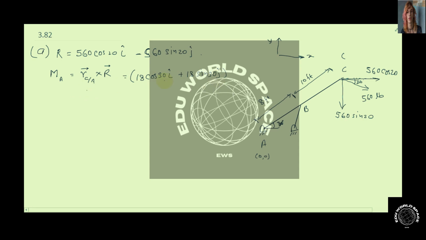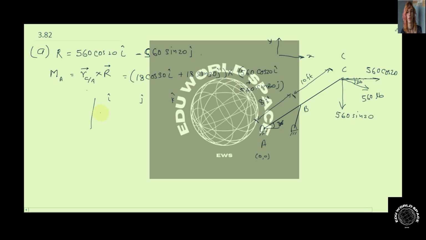So this is the position vector of point C with respect to A, and we multiply it with the force vector we calculated, that is 560 cos 20 i cap plus 560 sin 20 j cap. We can solve this by using the determinant method. This is i, j, and k.